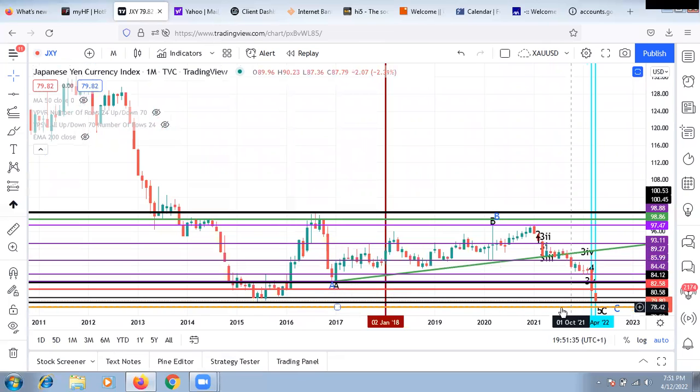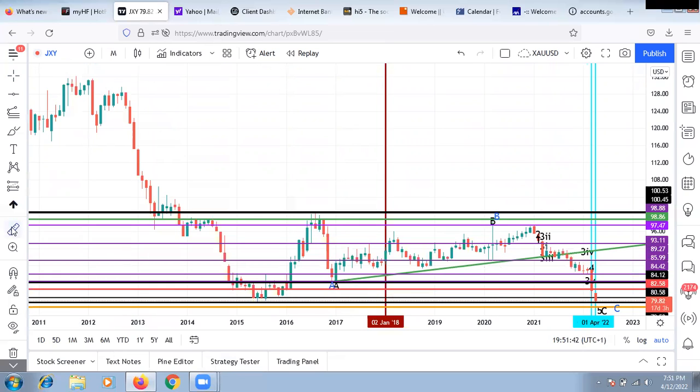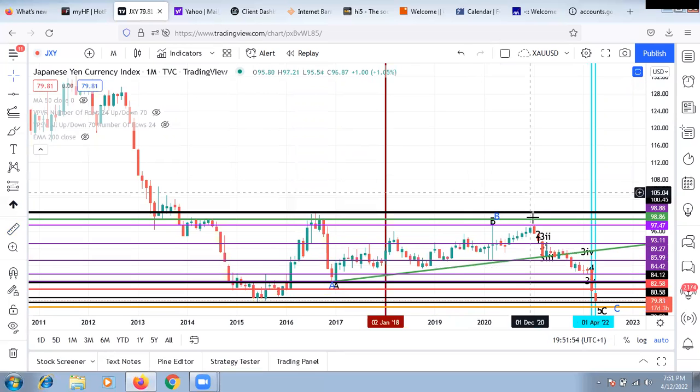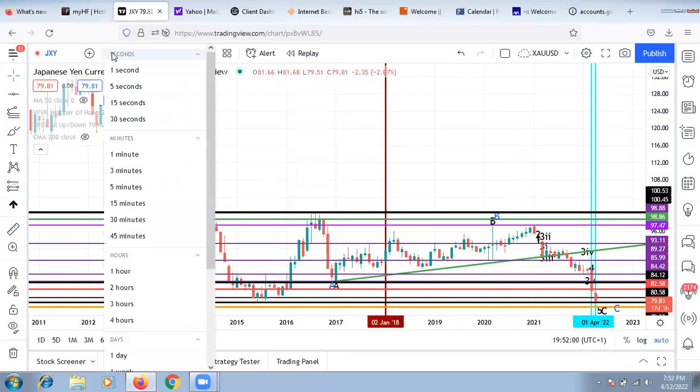So between here and here is where we are going to see the move, which is roughly about 90 pips or 100 pips on the yen index. So that is what you should expect.